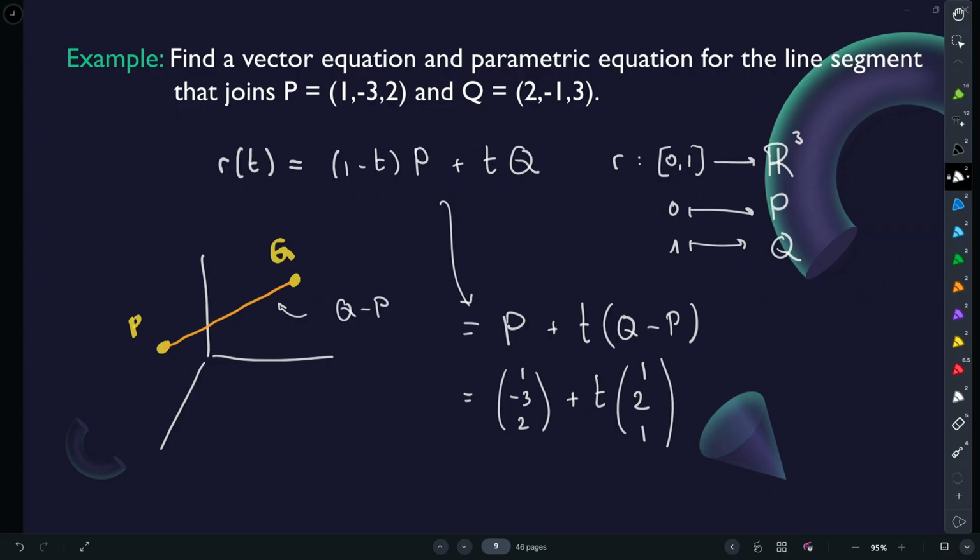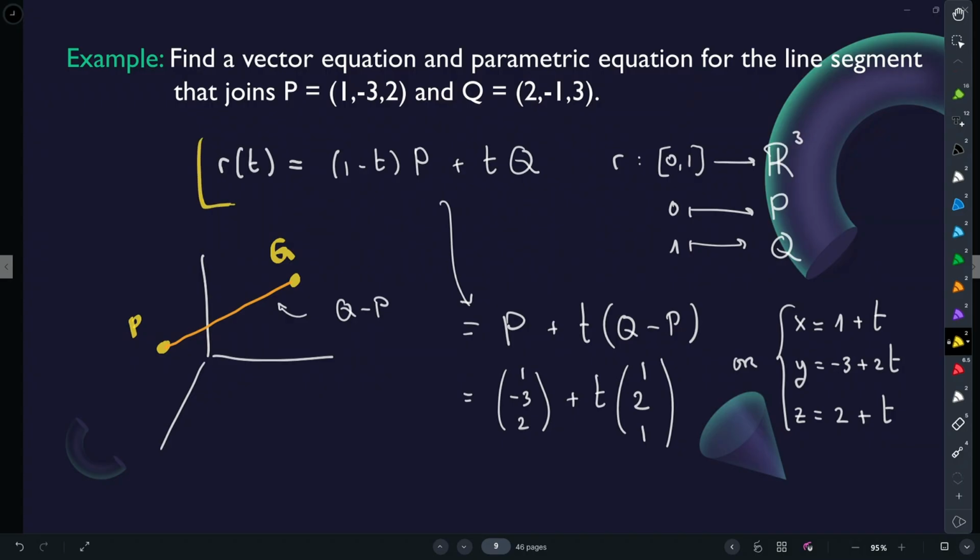Okay, so those are vector equations, or I can write it in parametric equations, where the x coordinate is given by 1 plus t, y is minus 3 plus 2t, and z is 2 plus t. You can remember this formula right here.